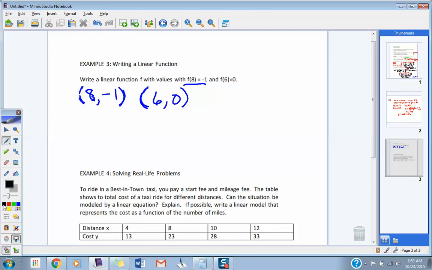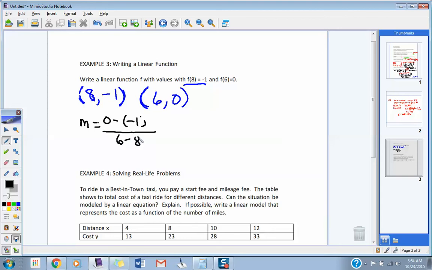All right, here we go. Let's find the slope, kiddos. What minus what up top? I'm done talking. Raise your hand. Tell me what to do. 0 minus what? Oh, 0 minus negative 1. There you go. How about on the bottom? It'd be 6 minus 8.